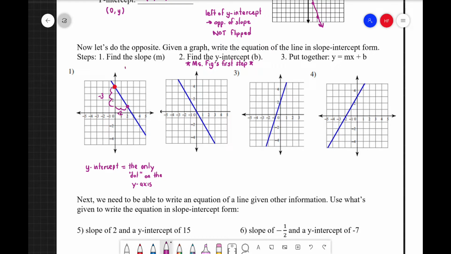Then my slope, rise over run, is negative 3 over 2, because we fell 3, we went down, and then 2 because we went to the right 2. My y-intercept that we found was 4. So I have my m, I have my b, and then I can write my equation: y equals negative 3 over 2 x plus 4.